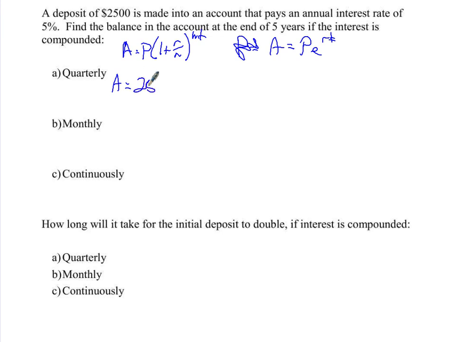2,500 times 1 plus the rate is 5%, so 0.05, over 4, compounded quarterly, to the 4 times 5 years.